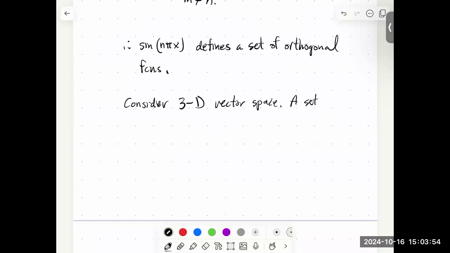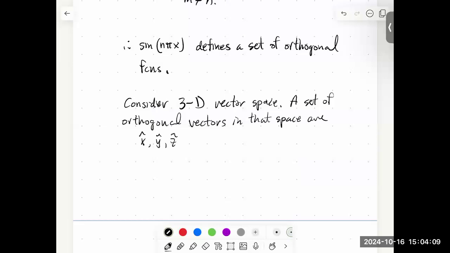A set of orthogonal vectors in that space are, well, x hat, y hat, z hat.